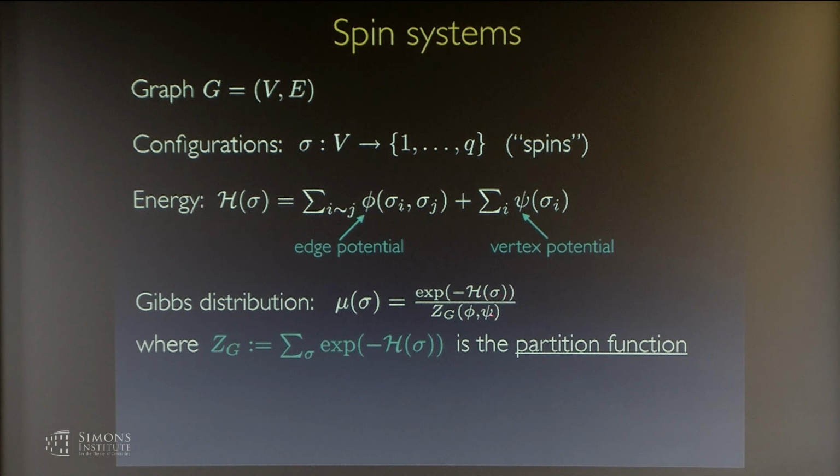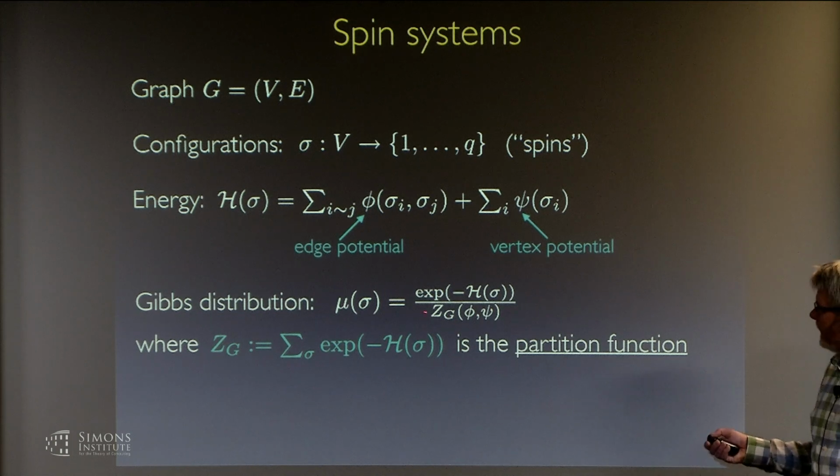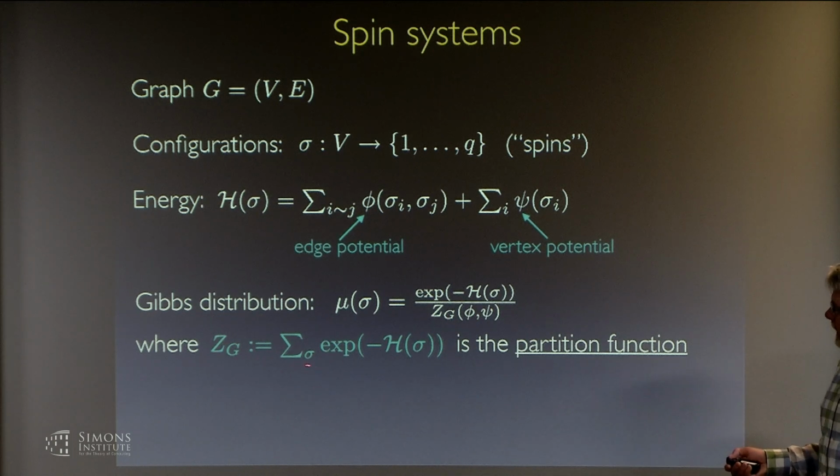Then there's a normalizing factor in that distribution, this Z, which we'll be talking about throughout this afternoon. So this Z is the sum of e to the minus h, and this is what I'll call the partition function. Now, it isn't immediately a polynomial, but if you change variable, then you get a polynomial, as we'll see in a minute.